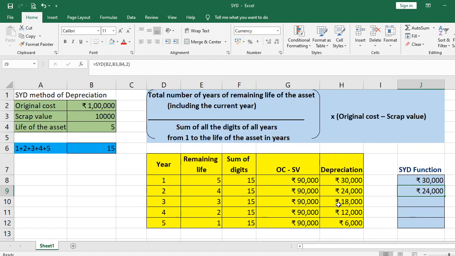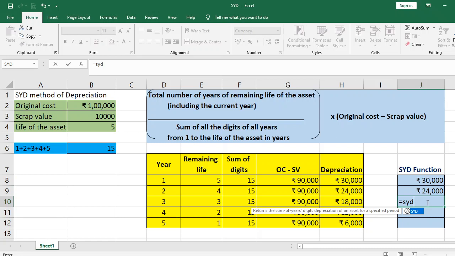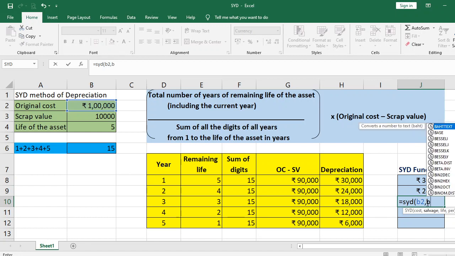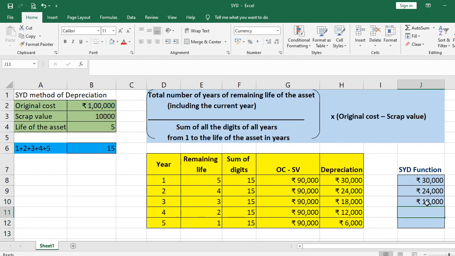Okay, we get 24,000. Now for the third year we will do like this: is equal to SYD, open parenthesis, B2 comma B3 comma B4 comma third year for which we want to find out, close parenthesis, enter, 18,000.